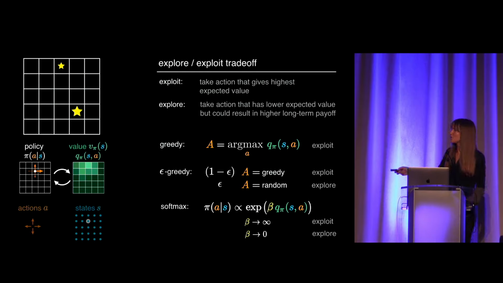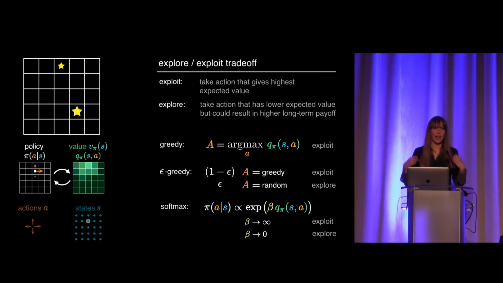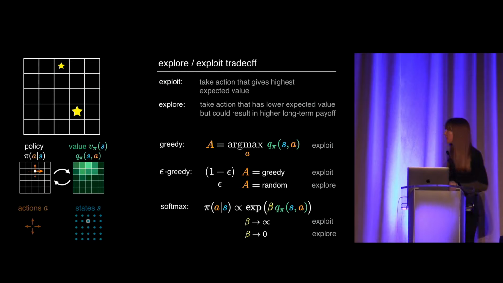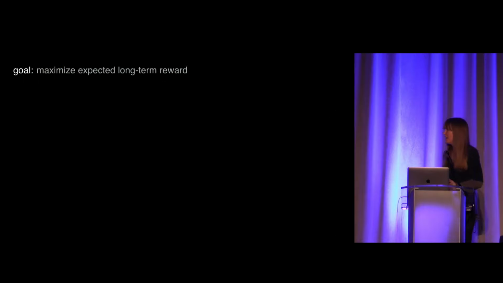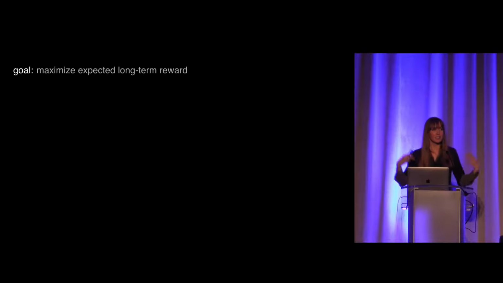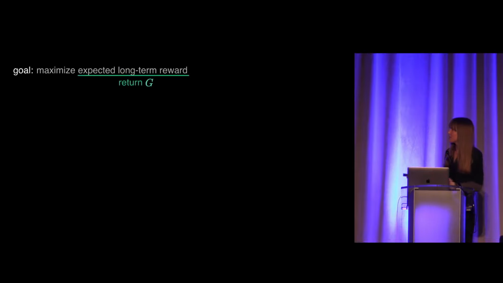But for now, I'm going to assume that we pick one of these strategies, like this softmax policy here, and I want to think about how an agent could use that policy to build up an estimate of value. Okay. So in all of this, the ultimate goal that we set out earlier is to maximize this expected long-term reward. This expected long-term reward is often referred to as the return.